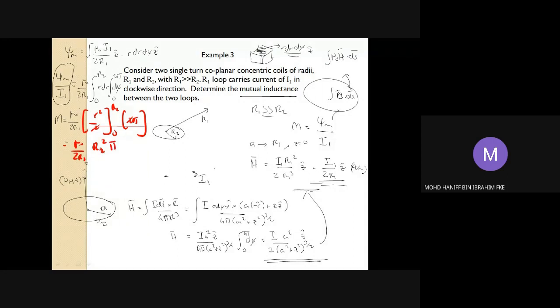So my mutual inductance will be equal to mu naught pi R2 squared divided by 2 R1. So that should be my mutual inductance in Henry unit.